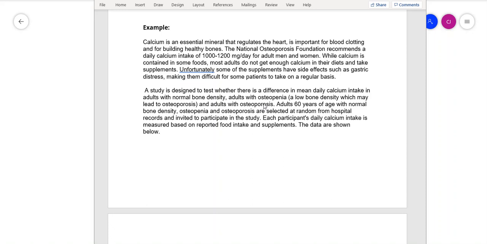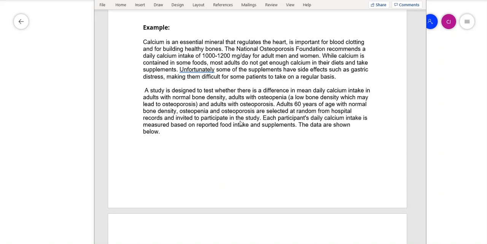These are adults 60 years of age. So we're again just narrowing our population that we want to relate back to when we're done with all of this. These three groups were selected at random from hospital records and invited to participate in the study.